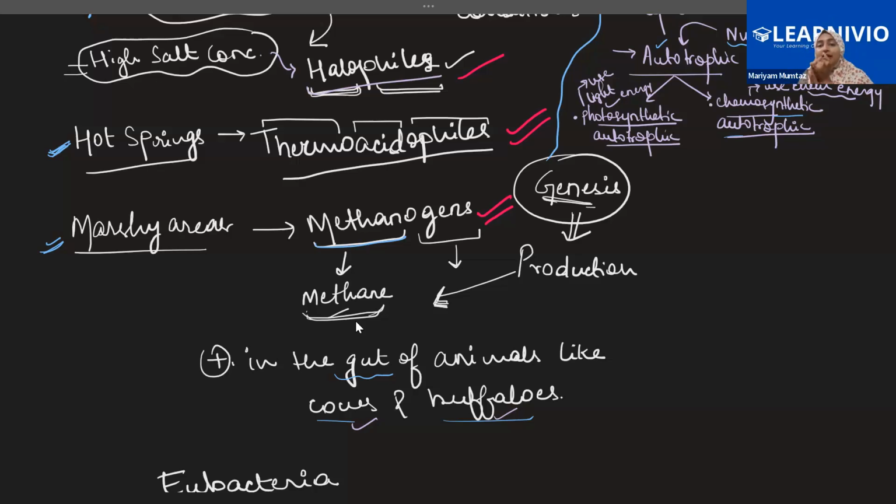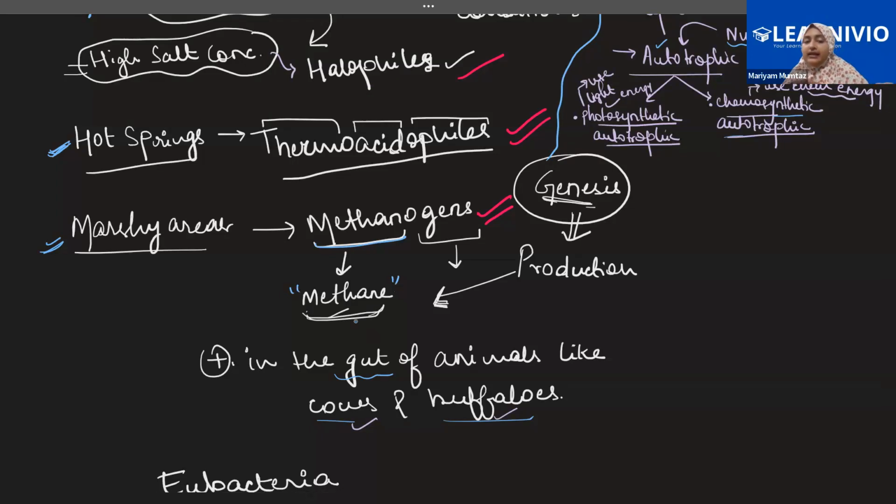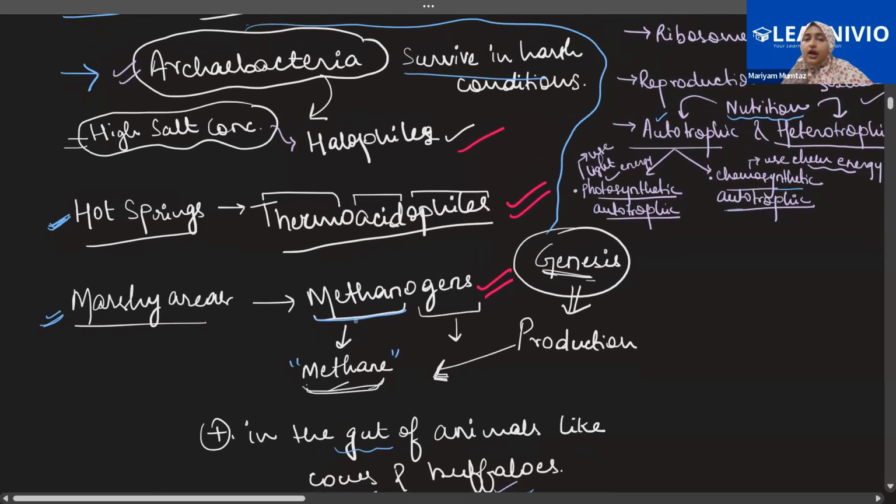And methanogens live in marshy areas, and they are also present in the gut of animals such as cows and buffaloes, and they produce a gas known as methane. So these three types of archaebacteria live in extreme habitats or extreme conditions. Now, the question I was asking is, do archaebacteria have a cell wall? Yes or no?